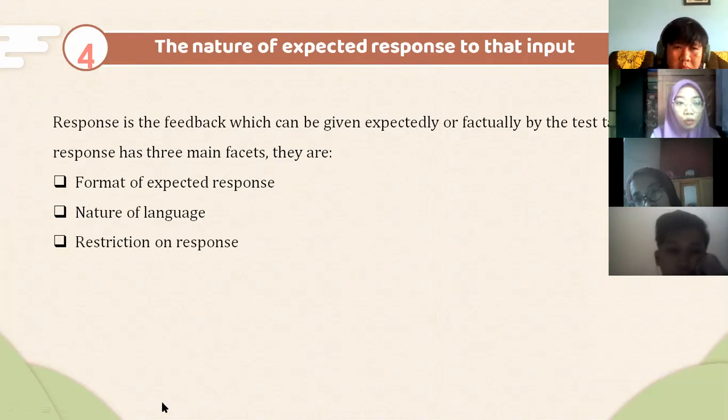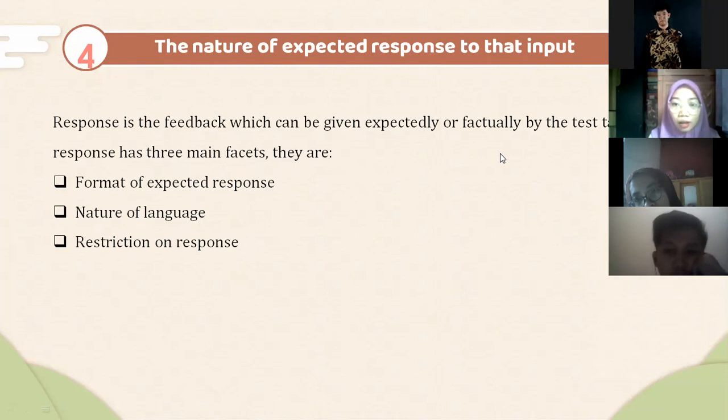When in the input we use the receptive mode, in the response we use the productive. And the type of the response should be selected, whether it is a multiple choice test, constructed response, or interview test, and communicative proficiency. The form of expected responses can be language or non-language, such as marking a mark or drawing a picture. And the language of response can be native, target, or both.